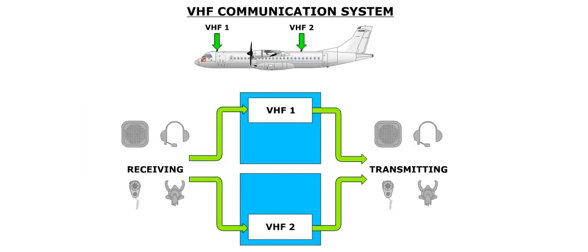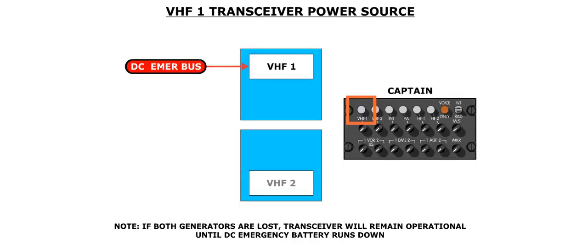The aircraft has two VHF transceivers, VHF-1 and VHF-2, which are used for receiving and transmitting. The captain's transceiver, VHF-1, is powered by the DC emergency bus. Therefore, even in the event both generators are lost, the captain's transceiver will remain operational until the emergency battery runs down.